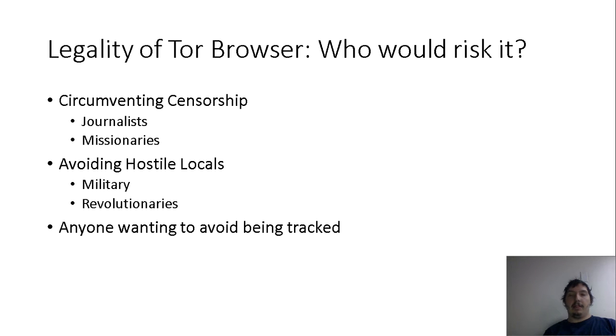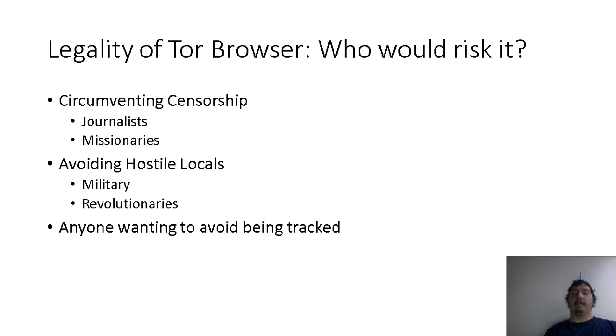And so, who exactly is crazy enough to risk being arrested for using the software? Well, anyone who needs to circumvent censorship, such as journalists. Again, remember, all these places that restrict freedom of speech also restrict freedom of the press, especially when this press is extremely critical of the government.